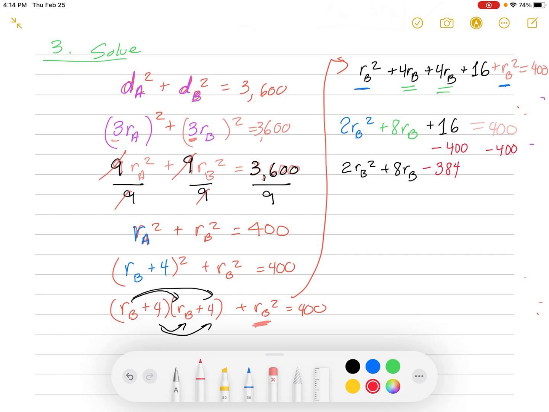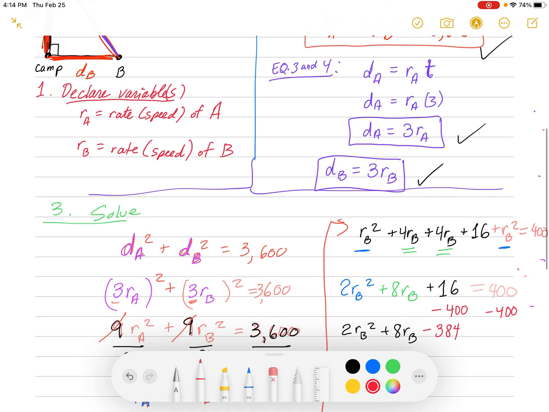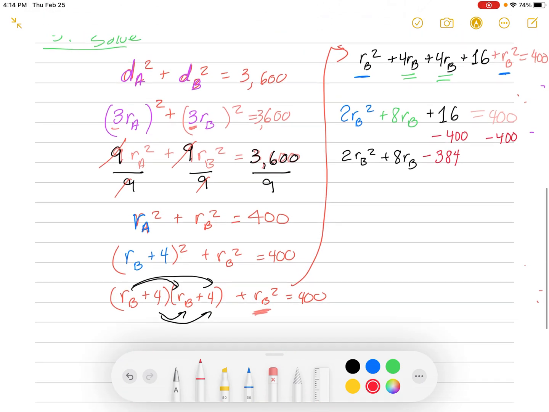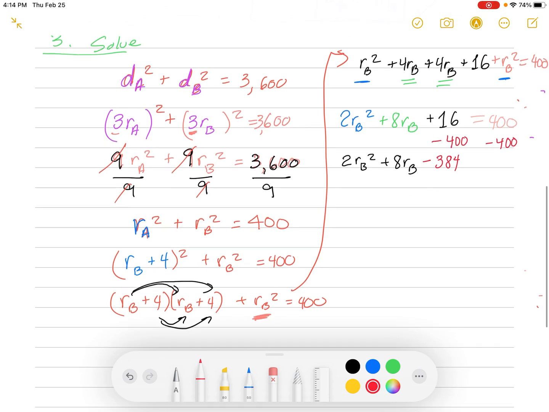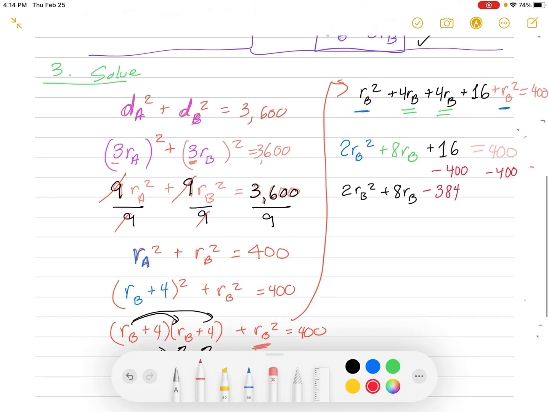I think so. 384 sounds right to me. Yeah. Then on the right-hand side, we got 400 minus 400, that's 0. Okay, so we have a quadratic equation. We have the quadratic polynomial on the left side, 0 on the right side.